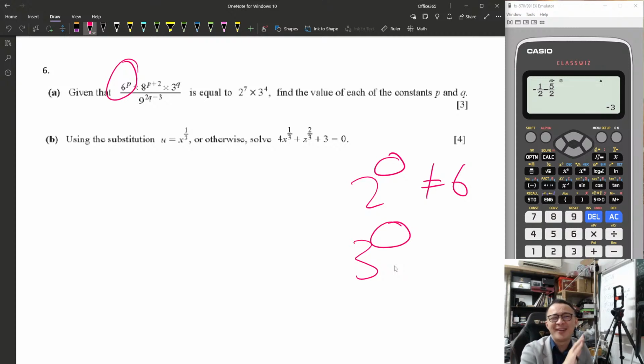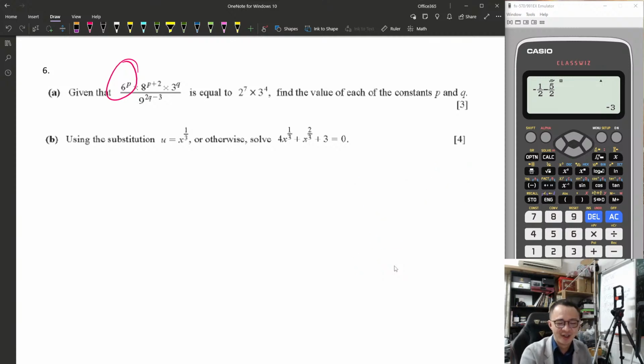I'm not saying no number can get 6. I mean, if I want the power to be an integer, then I cannot get 6, right? Because 2 power of 1 is 2, 2 power of 2 is 4, then 2 power of 3 is 8. Same idea for 3. 3 power of 2 is 9. There's no way to get 6.